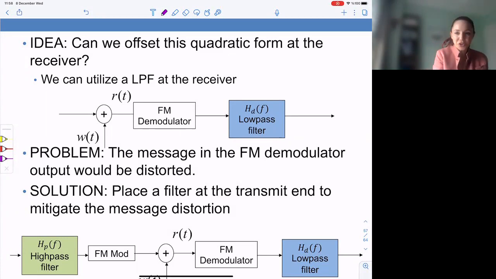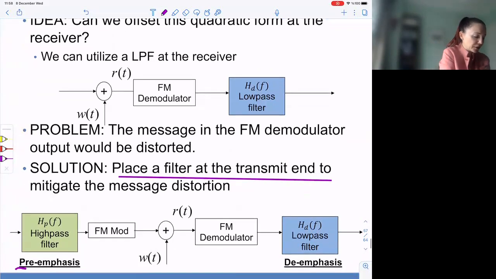Okay, so that's a starting idea, but that would distort the message itself. So the solution is maybe we could pre-filter the message such that when we apply another low pass filter at the demodulator, the signal will not be affected, whereas noise is affected in the desired way. So place a filter at the transmit end, which we're going to call a pre-emphasis filter. The pre-emphasis filter is going to be a high pass filter.